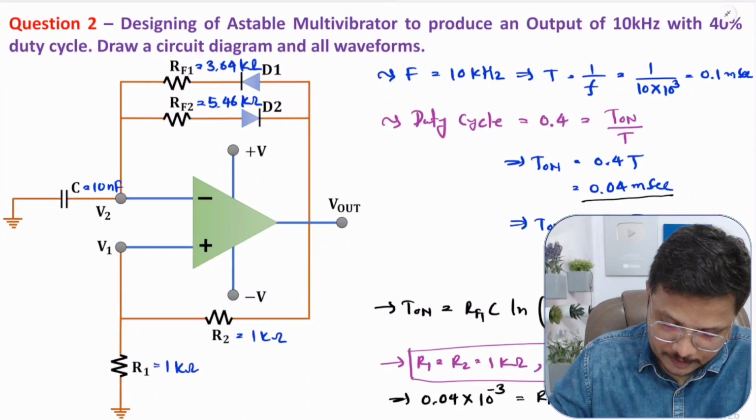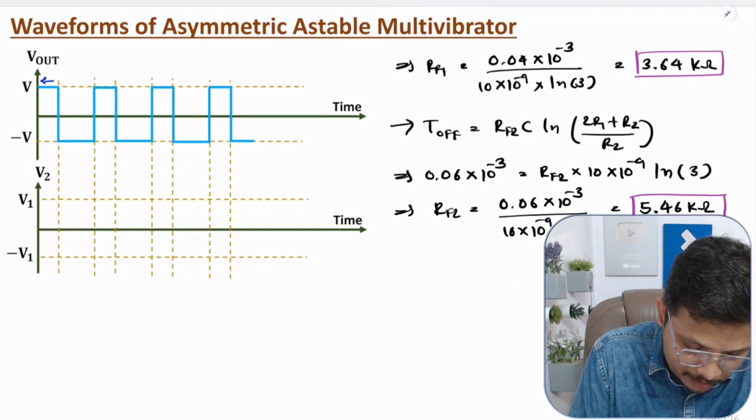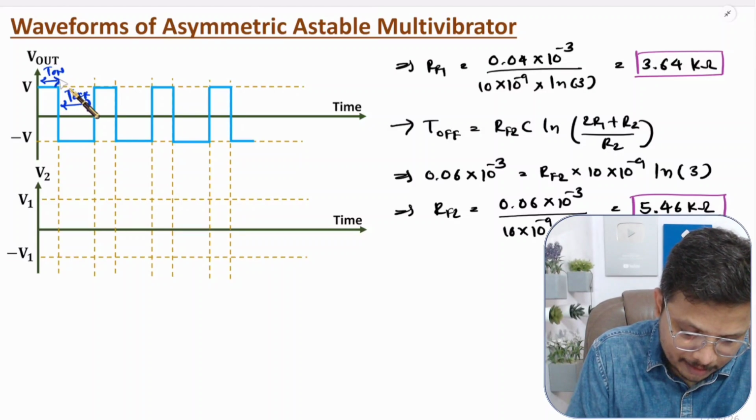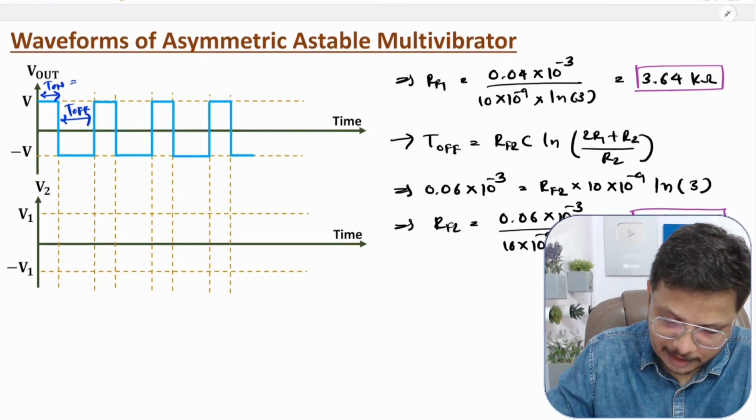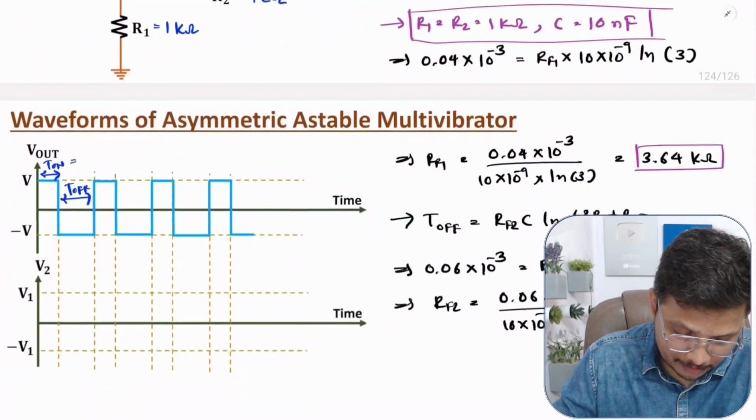Let us have the waveforms. So here if you observe the waveform, we have T on over here, and we have T off over here, right? T on time period that I have explained earlier, T on is 0.04 millisecond, right?